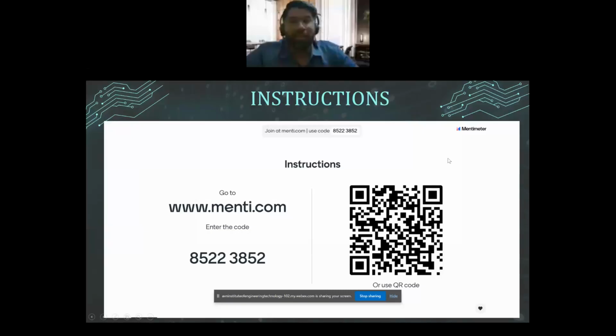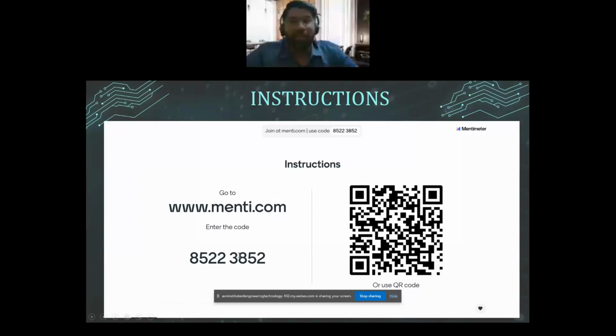On your mobile or your system, you can log into www.menti.com, or scan this QR code and enter this code as a password. You can interact, and we can do interactive sessions.